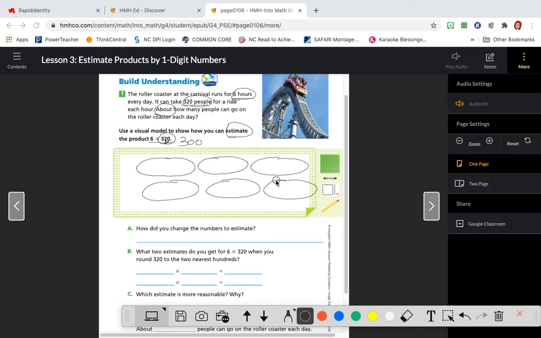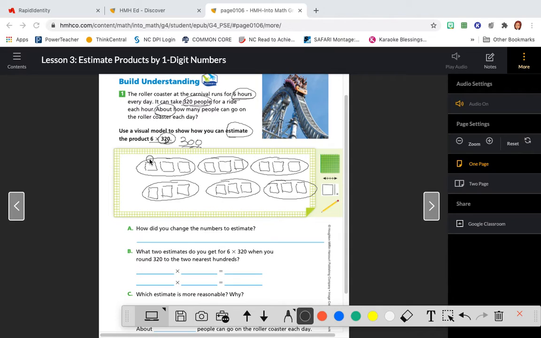And within each hour, we estimated our number here, we rounded to 300. So we're going to put 300 in each group. Okay, so there's our visual model. This is showing 6 times 300.